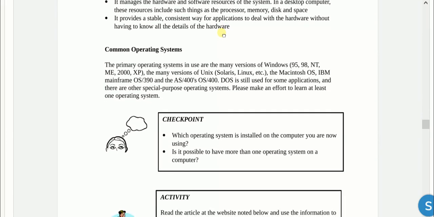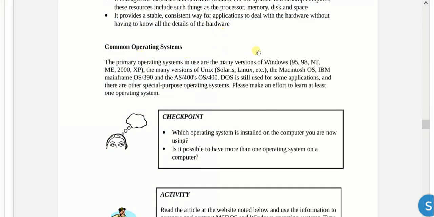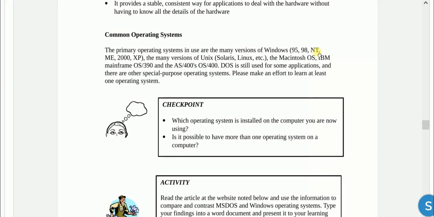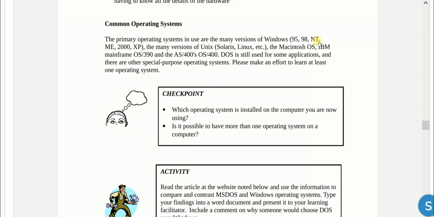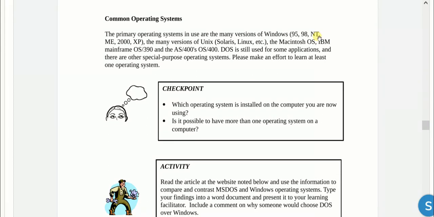Now we have common operating systems. What are some operating systems that you know? Currently, you have Windows 10, Mac OS, Android, Linux. Those are the most popular operating systems.